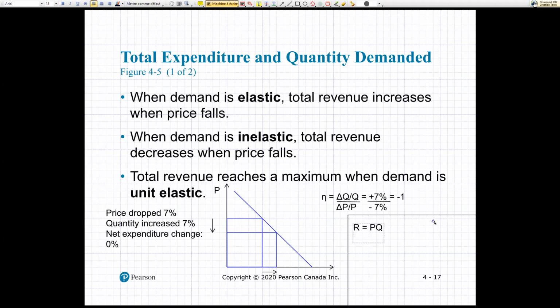So dR divided by dP would be equal to Q plus P times dQ divided by dP. Which example is this for? It's for this point here, maximizing the revenue.